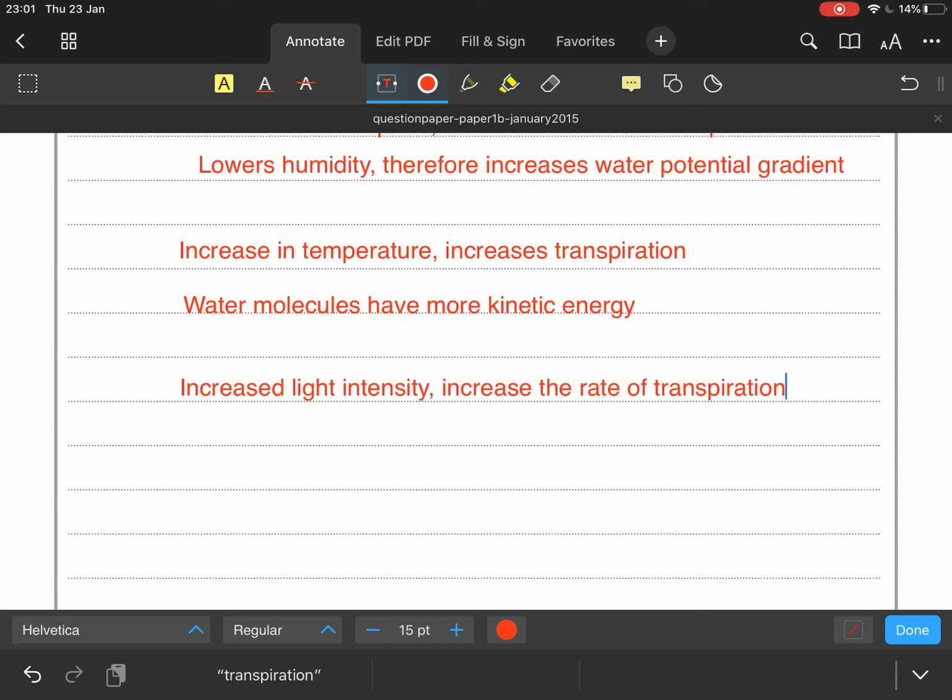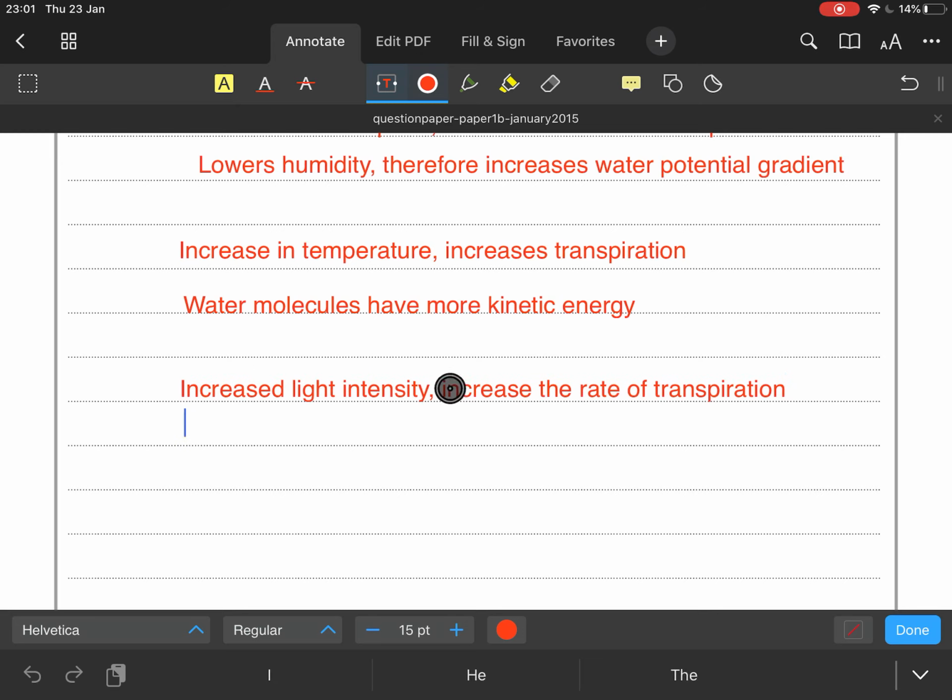Important to note here, we're not talking about an increase in temperature, we are solely talking about an increase in light intensity. Often, if it's a sunny day, it will also be slightly warmer outside, but don't just say if it's sunny outside. It's unclear whether you mean the increase in temperature or the increase in light intensity. Please state clearly which one you mean or which separate one you want.